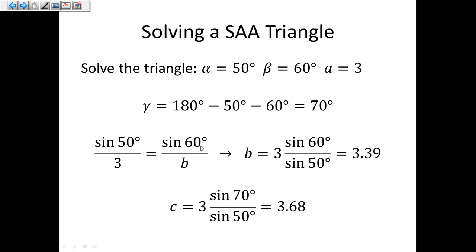I've set it up here, where the sine of alpha over A is equal to the sine of beta over B. A little bit of algebra lets us solve for B. So B is equal to 3 sine 60 over sine 50, which is equal to 3.39. Now, I didn't bother to go through all of this stuff again to solve for C. I just went ahead and replaced the beta angle with my gamma angle, plug it into my calculator again, and I find side C is 3.68.